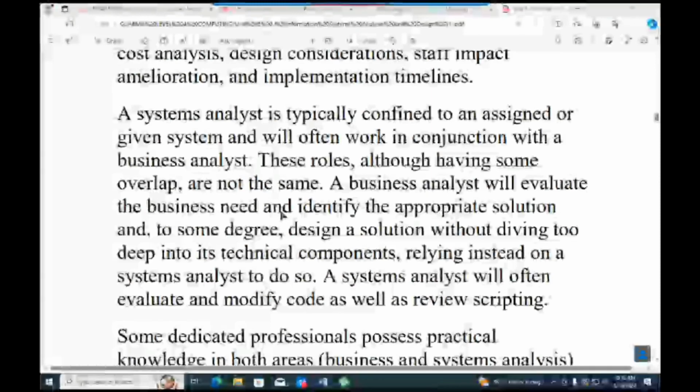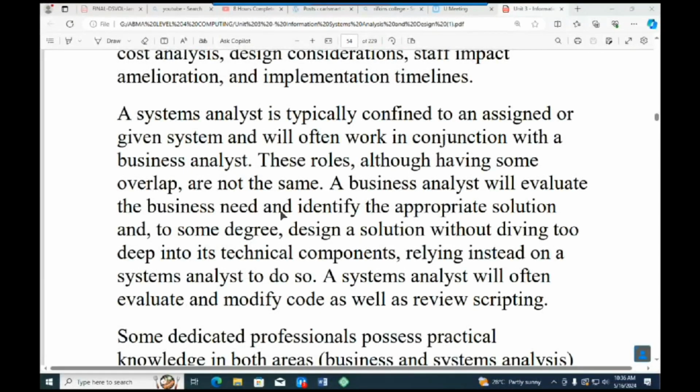So the analyst is confined to an assigned, or a given, system. He is not going to focus on other systems. He's just going to confine himself to a given system, and most of the time he's going to work with the business analyst.